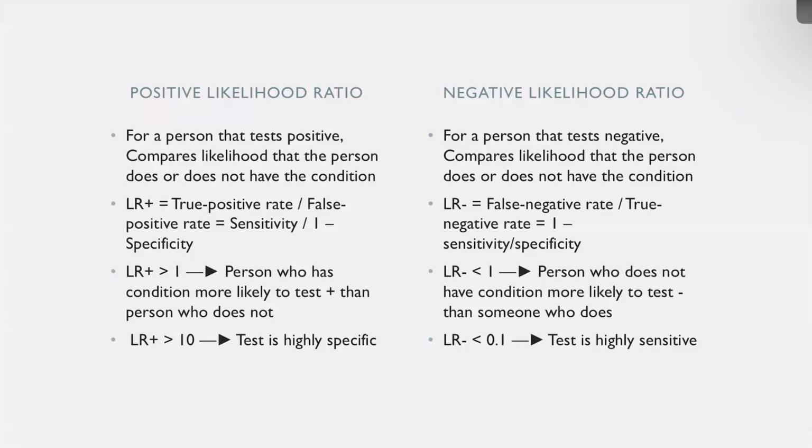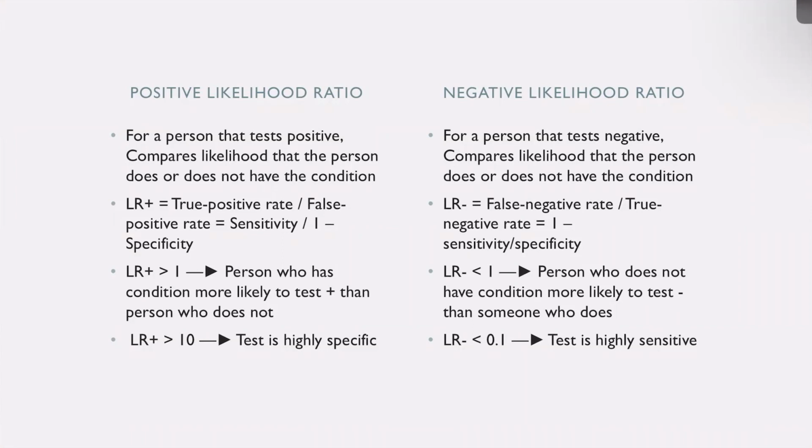Again, for memorization purposes, you can just remember that false positive goes with specificity and false negative goes with sensitivity. So all the N's cluster together and all the P's cluster together. And just remember, we're talking about false only, so not true negative or true positive. Okay. So the formula is sensitivity over 1 minus specificity for positive likelihood ratio.